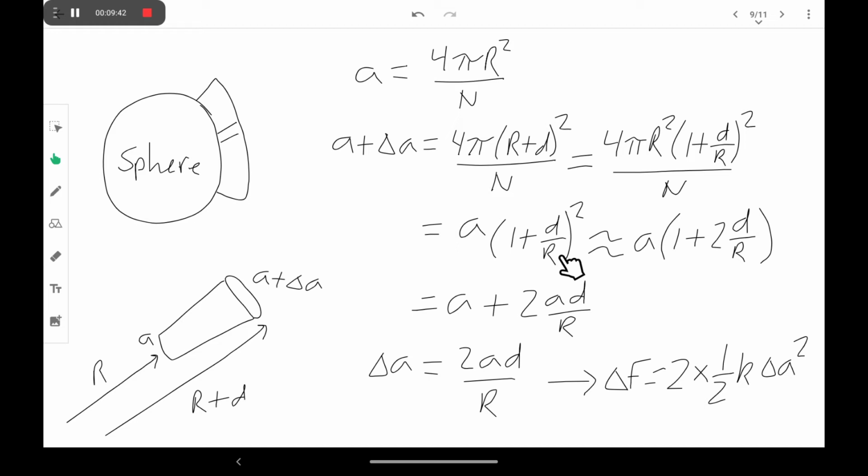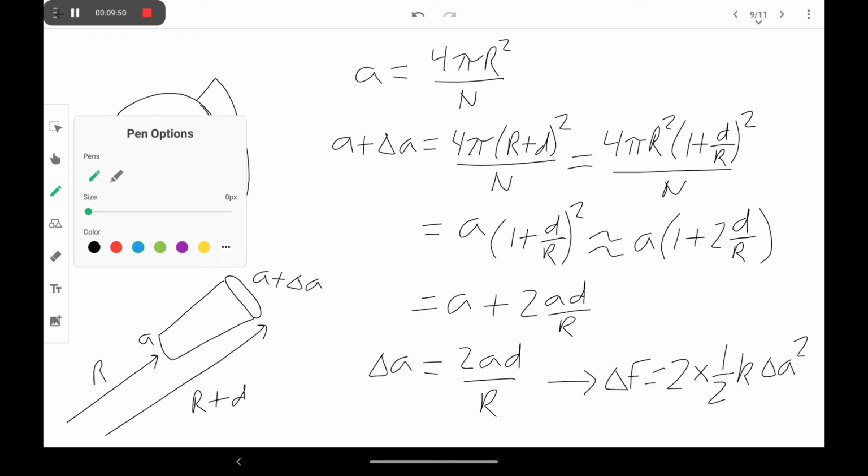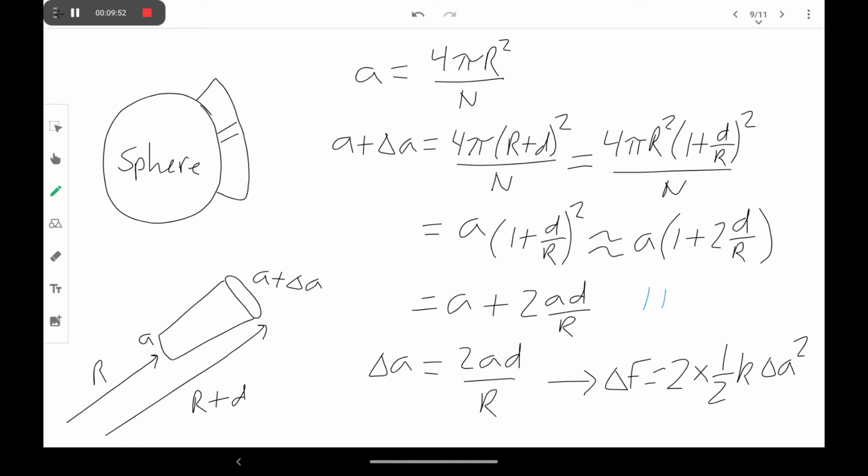When you have 1 plus some small number to a power, to the first two terms, that is approximately equal to 1 plus the power times that small number.